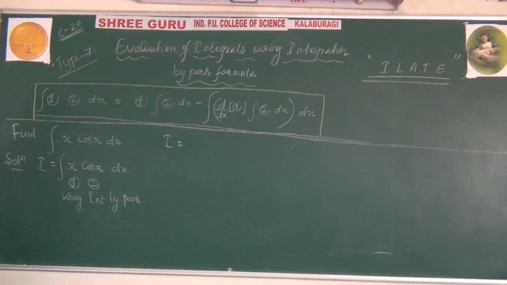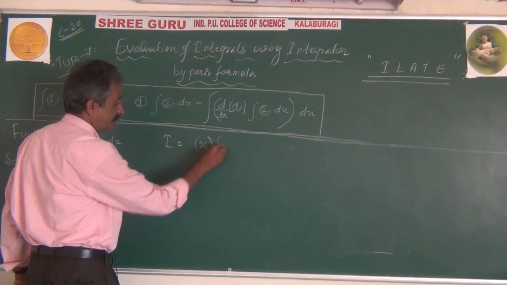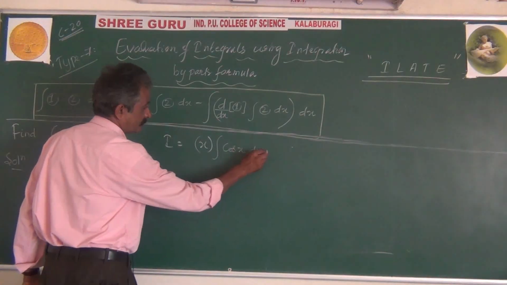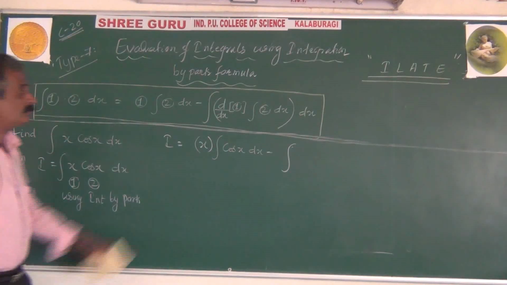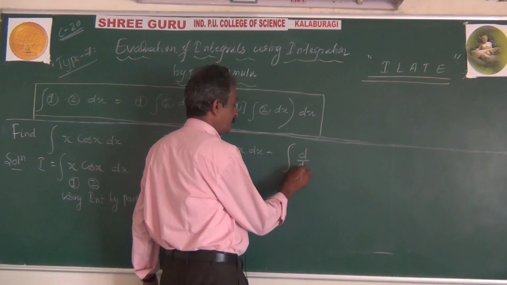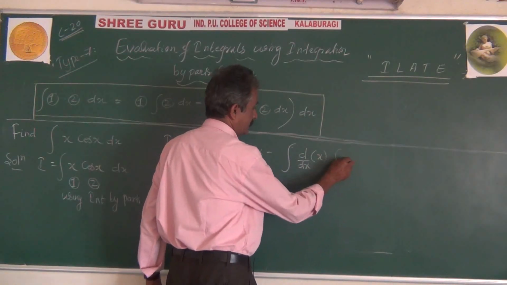What does the integration by parts formula say? First function as it is, x as it is, into integration of second function, that is integration of cos x dx, minus integration of differentiation of first function, that is differentiation of x, into integration of cos x dx.